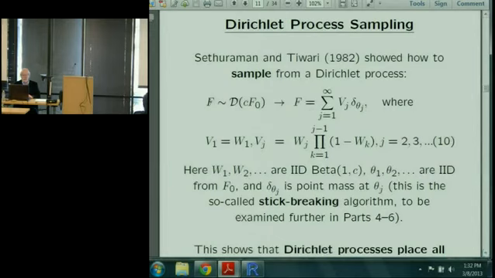It turns out that any single draw from a Dirichlet process with prior sample size C and prior centering distribution F0 can be thought of as an infinite sum of weighted point masses. Here delta theta j is the point mass at a particular point theta j, and the V_j turn out to be weights. And the way you compute the weights is as follows.